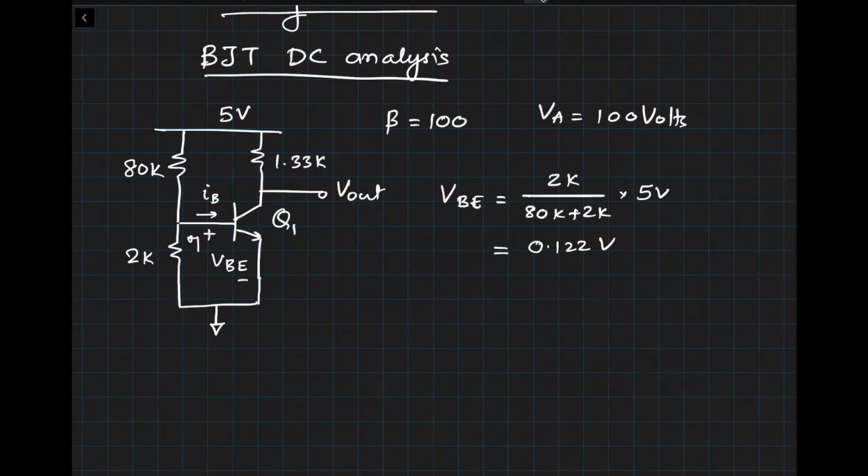As a result we can say that the transistor Q1 is off, and if Q1 is off, then there is no collector current flowing. So the collector current IC is going to be equal to 0, and if collector current is 0, then V out is going to be equal to 5 volts because IC is equal to 0.